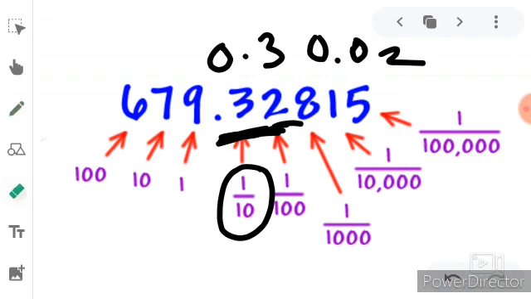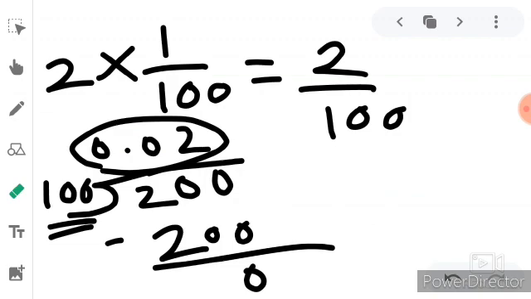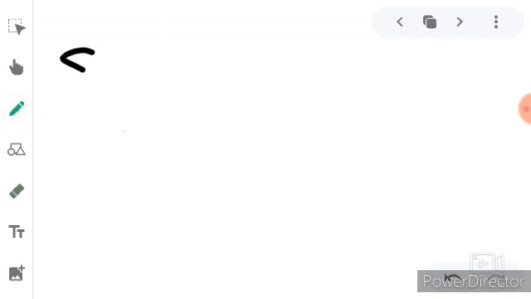Now next one, means the value of 8. Now let's find out, because 8 is present on thousandths place. So we'll have to multiply that number, means 8 by 1 upon 1000. Let's divide 8 by 1000.